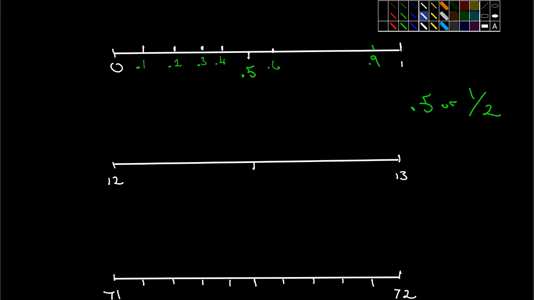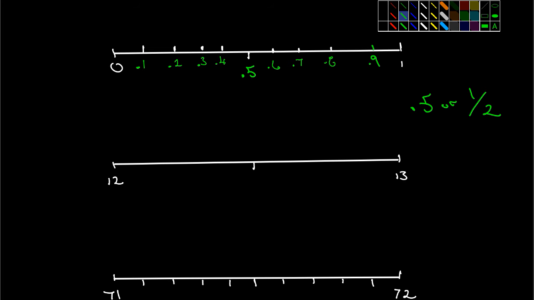Yeah, after the 6. And then 0.8. So that's 0.7. This is 0.8. And then we already have 0.9 up there. And then all the way to 1. So everybody copy that down if you haven't done so yet.